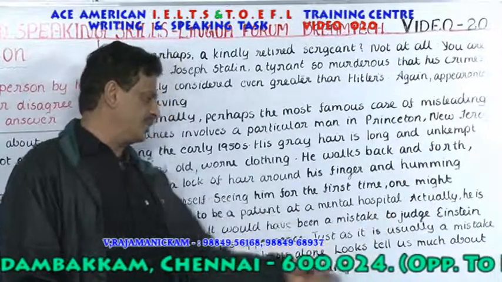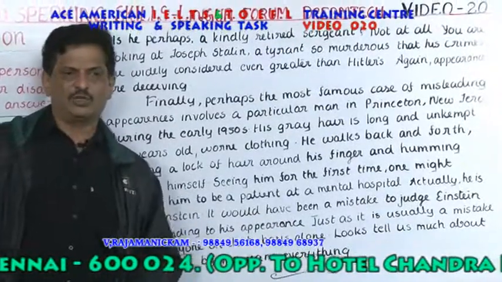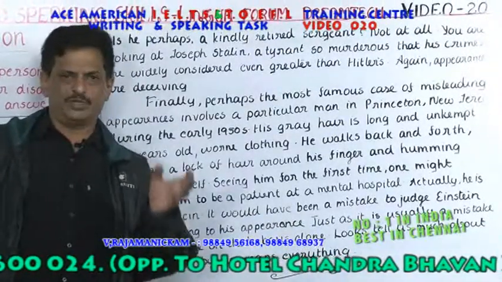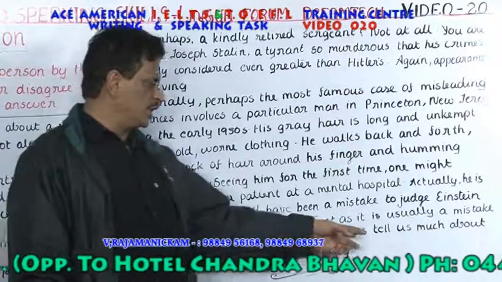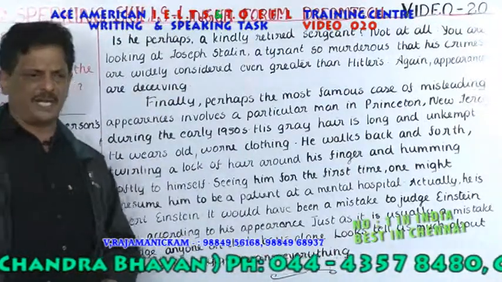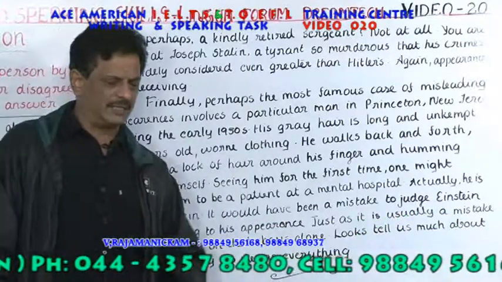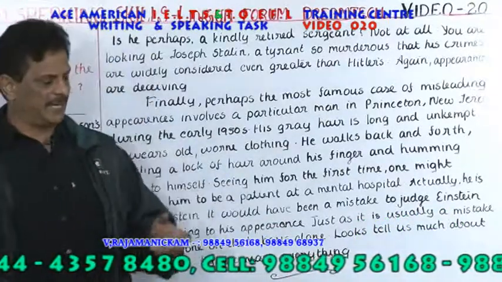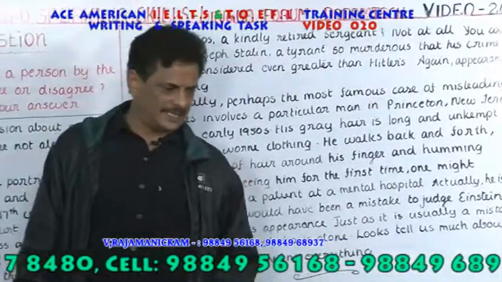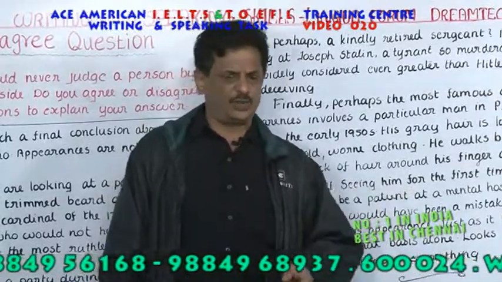Just as it is usually a mistake to judge anyone on that basis alone, வெளி தோற்றத்தை வைத்தே ஒரு மனிதனை எடை போடுவது என்பது தவறு. Looks tell us much about a person, but by no means everything, ஆனால் அனைத்தும் சொல்ல முடியாது. இந்தியாவிலே மகாத்மா காந்தி, மதர் தெரசா, அப்துல் கலாம் என்று பல உதாரணங்களை சொல்லலாம்.